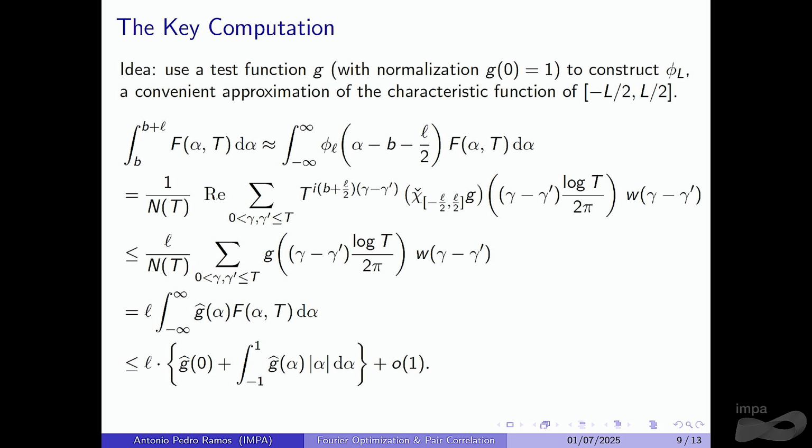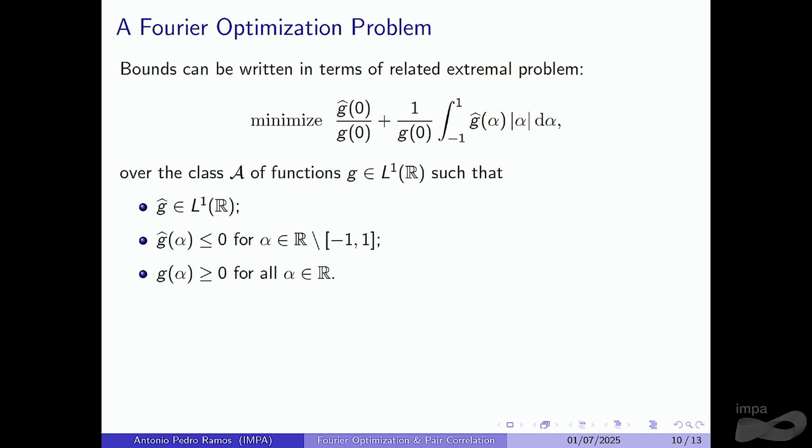And we essentially run into this Fourier optimization problem, which is: you want to minimize exactly this quantity. This is g hat of 0 over g of 0 plus 1 over g of 0 times this integral depending on g hat, over the class of integrable functions such that the Fourier transform is also integrable, the Fourier transform is non-positive outside of the interval minus 1 to 1, and the function itself is positive for all alpha.